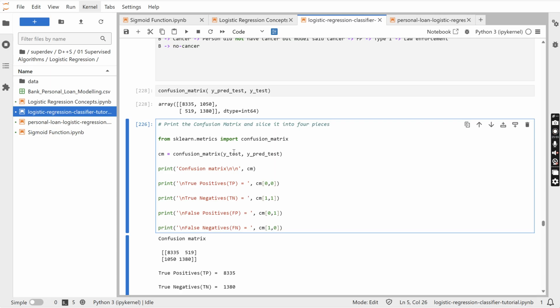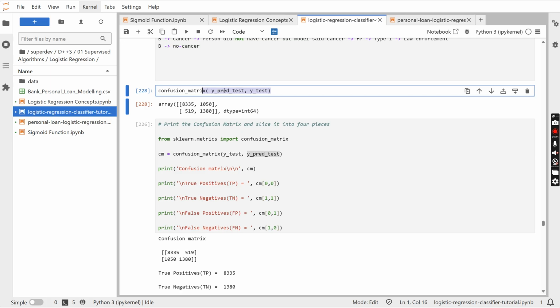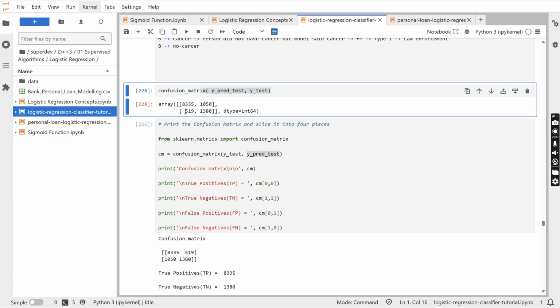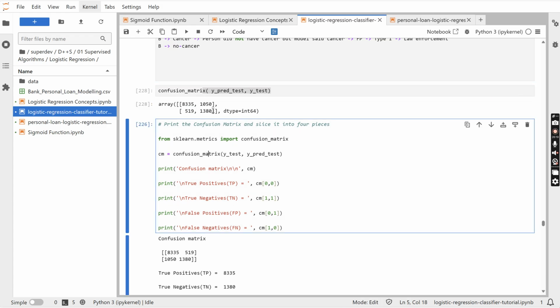Y test on the first side indicates the x value, this indicates the y value, hence your x-axis will be actual and the y value will be the predicted part. But if you use the other order, your predicted part would be on the x-axis and the actual will be on the y-axis. Then the answers will be flipped.